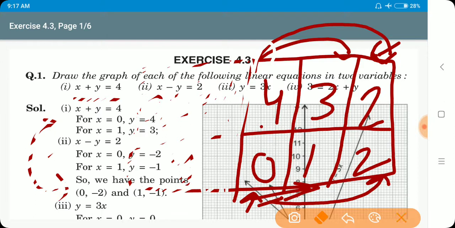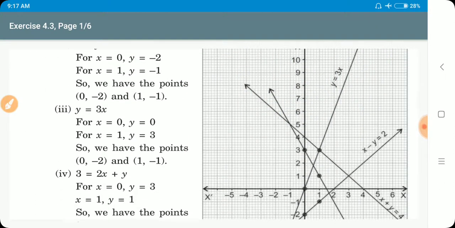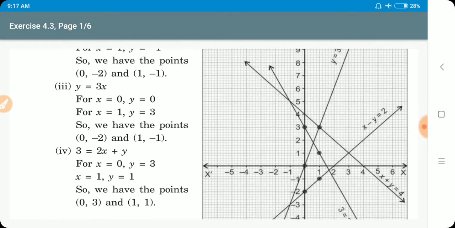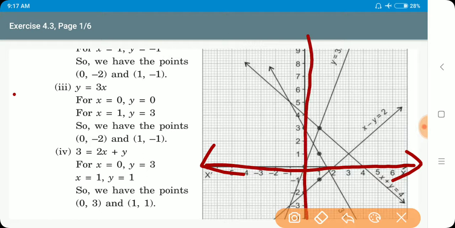Suppose I'm going to take this graph. This is your x axis and this is your y axis. When x is equal to 4, y is equal to 0.